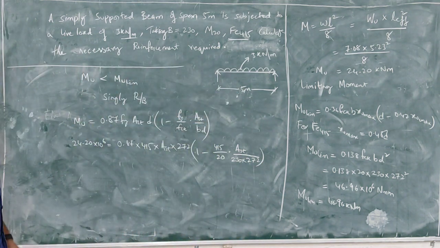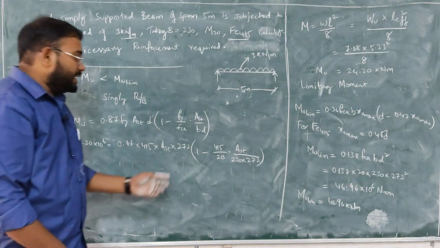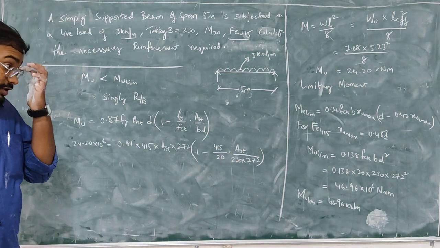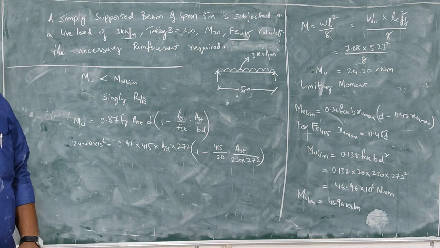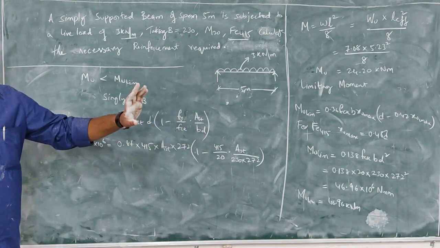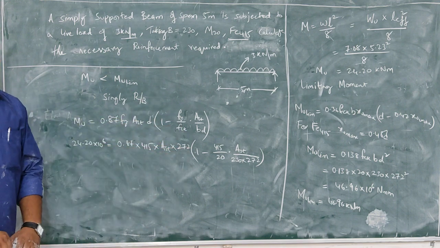Substitute in the formula and you will get a quadratic equation in terms of Ast. Simplify the equation, or directly substitute this complete equation in the calculator, which will give you the value of Ast.